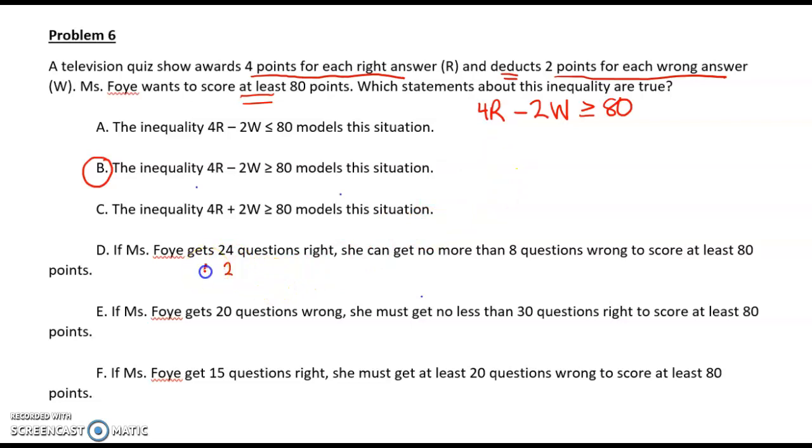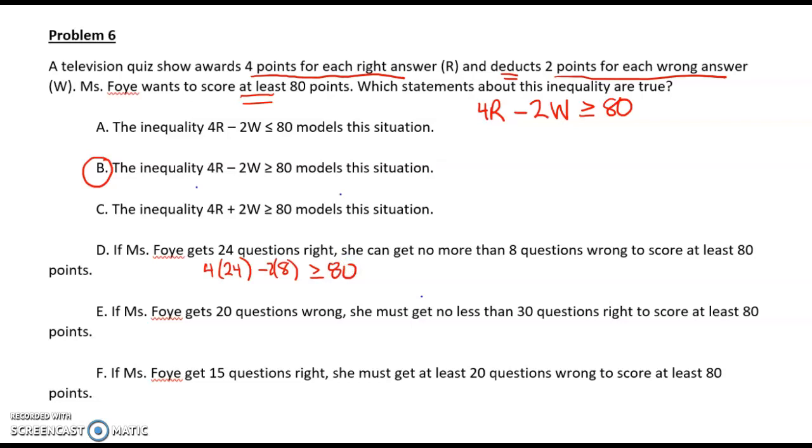I've got 4 times 24 minus 2 times 8, and that's going to be greater than or equal to 80. Let's see if this works.